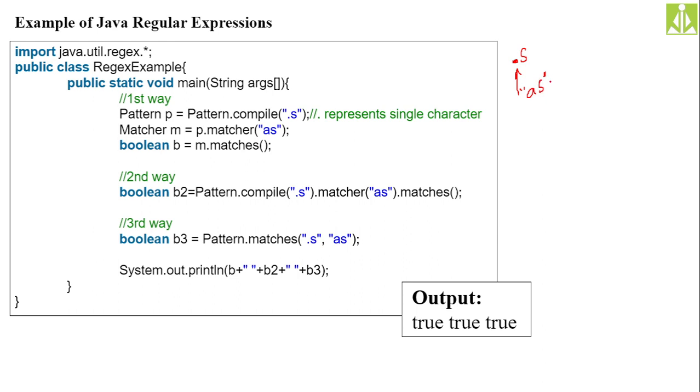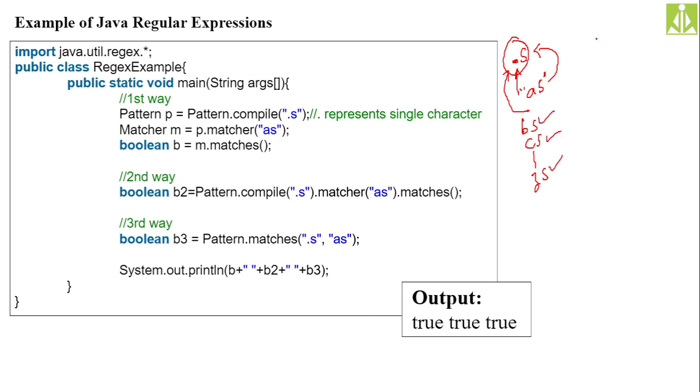Similarly if I take bs, cs, likewise up to zs, all these strings, combinations of 2 characters, satisfy this pattern, because in place of dot you can keep any character, and the second character must be s. This is the meaning of this regular expression. All these strings, whatever I have written over here, are satisfying that regular expression.